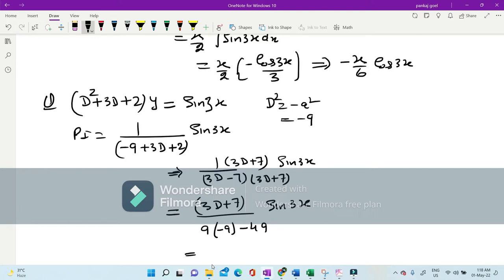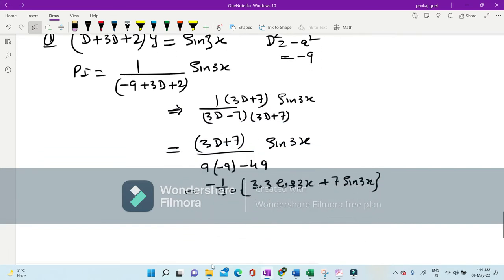This is equal to 81 and this is 130, minus 1 upon 130, 3 times of differentiation of sine 3x, that is 3 cos of 3x plus 7 sine of 3x. We can find like this.